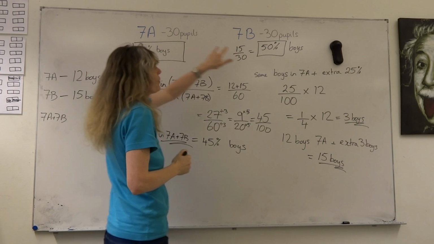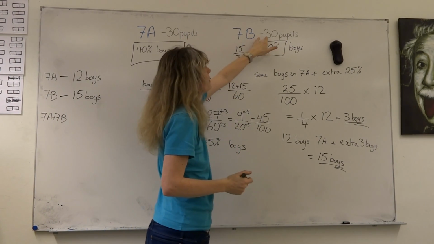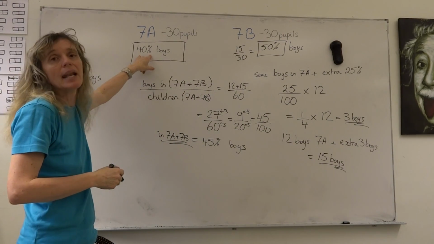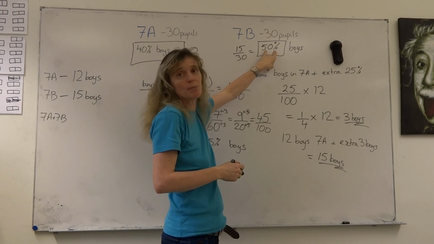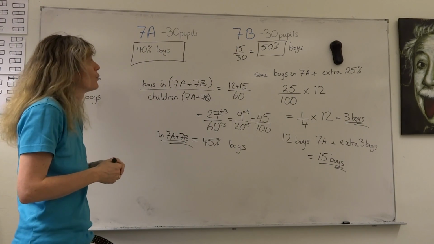These classes are both exactly the same size, and because they're exactly the same size, there's no difference in the number of pupils. We could actually take an average percentage. 40% boys plus 50% boys is 90, divided by 2, 90 divided by 2 is 45.